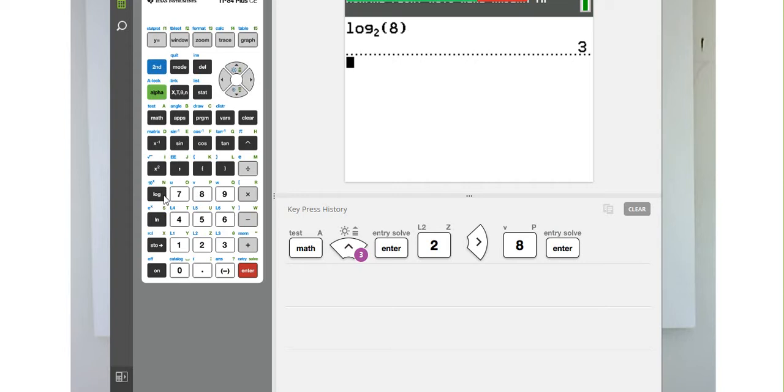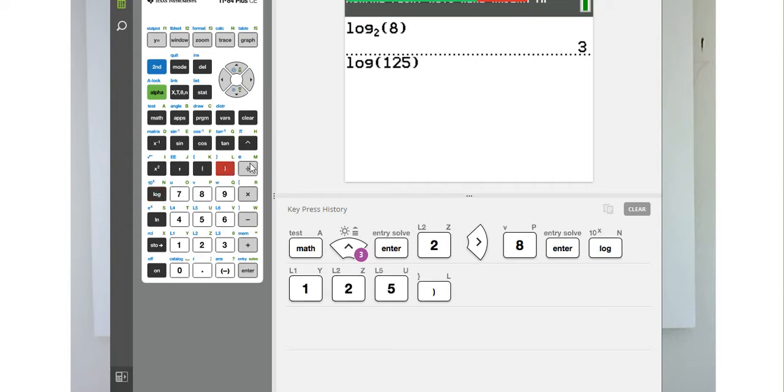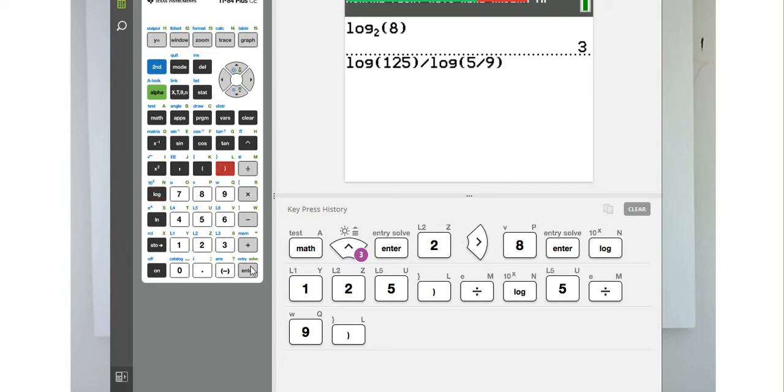So it's going to be log of 125, parenthesis, you got to close off the log, divided by log of 5 divided by 9, parenthesis. Bam. So negative 8.4214, etc. Nice.